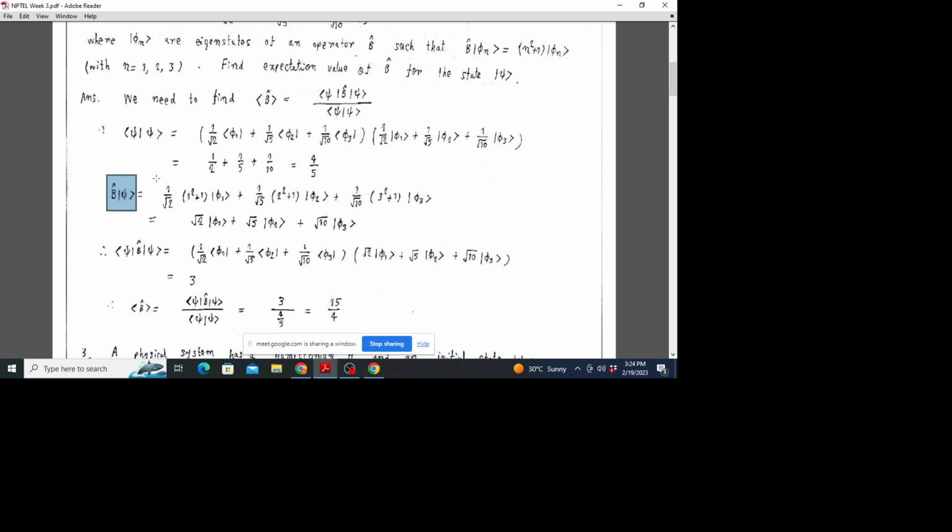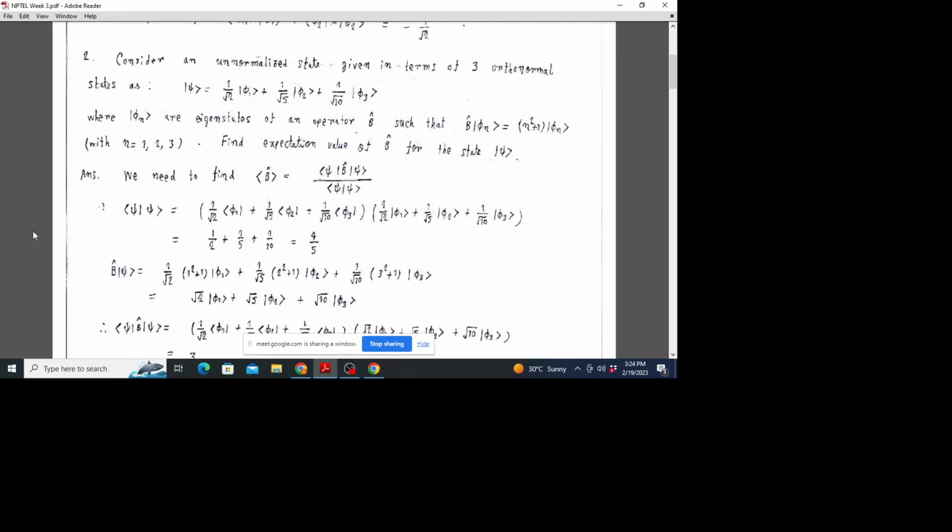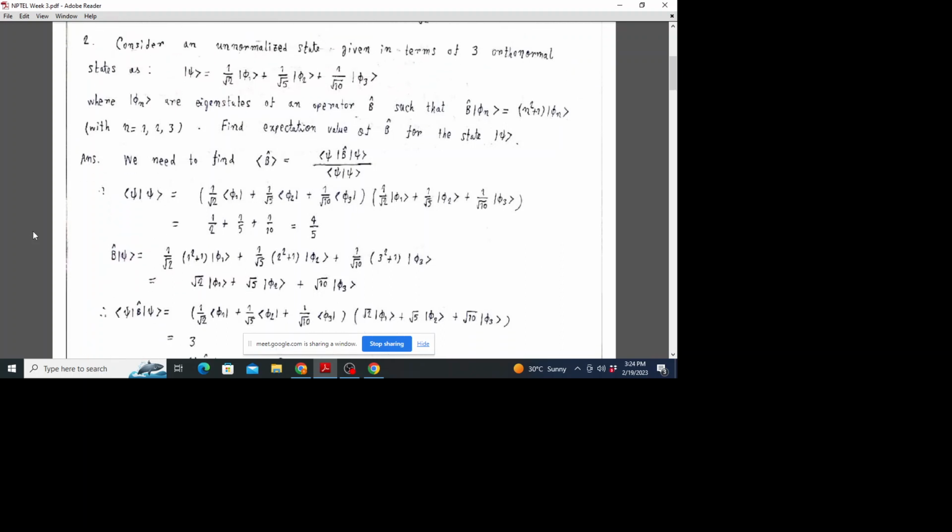Of course, B is a linear operator. That is not given explicitly, but in quantum mechanics we always assume that the operators with which we are working are all linear operators.